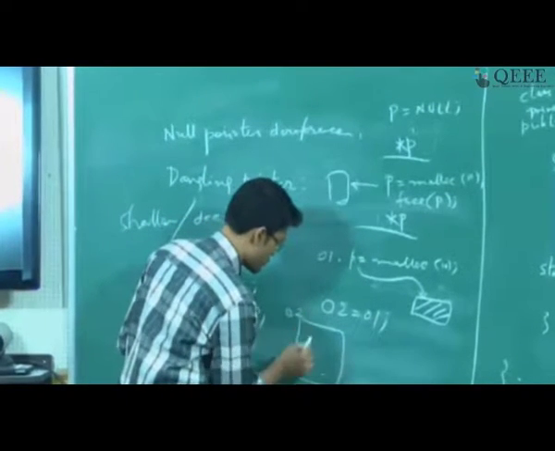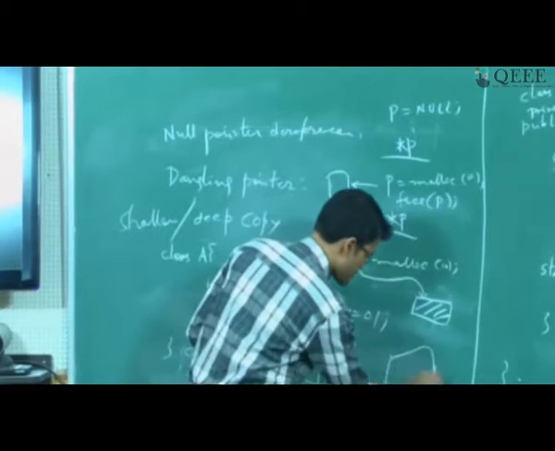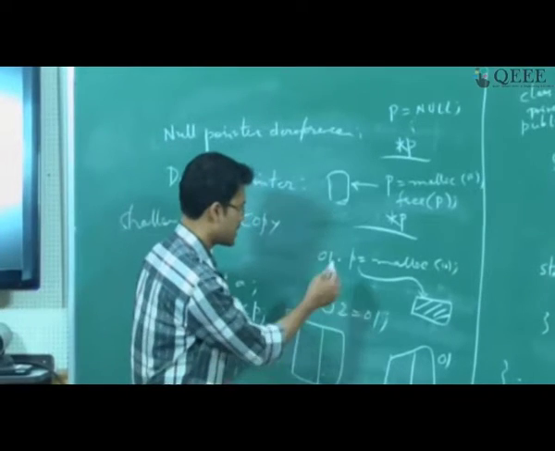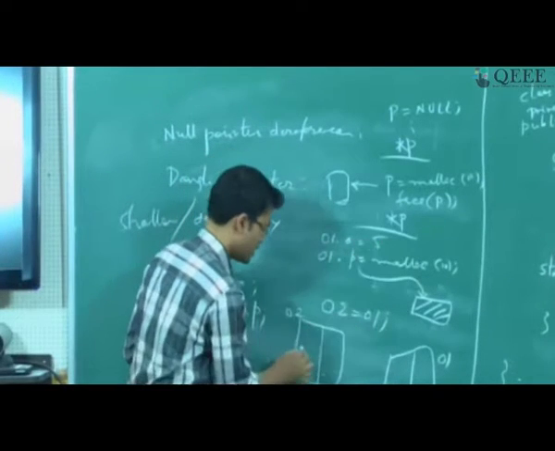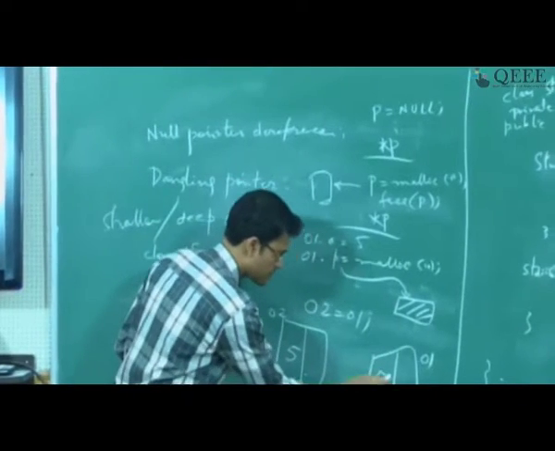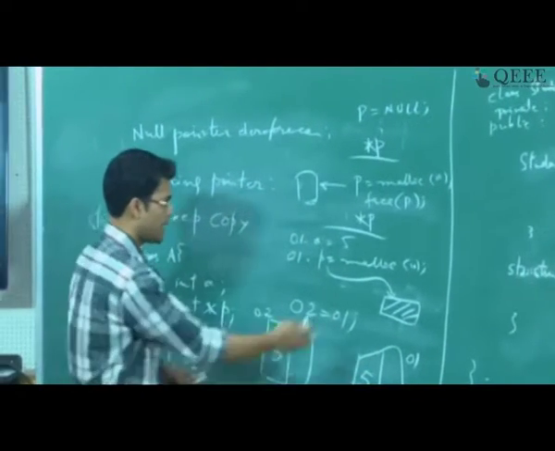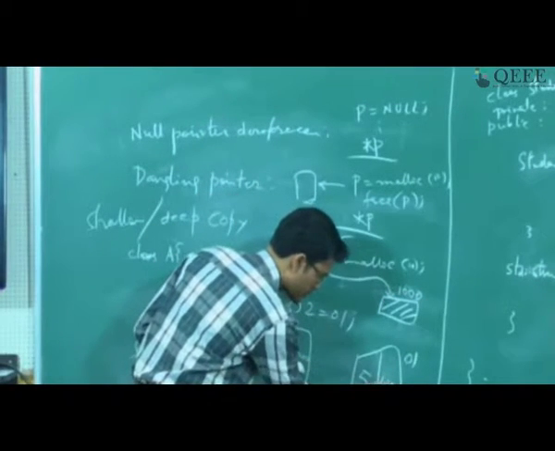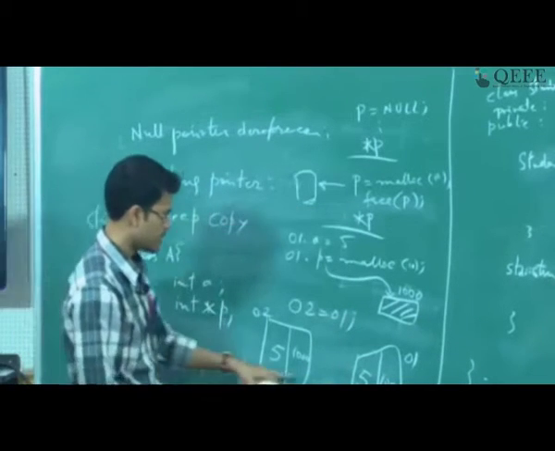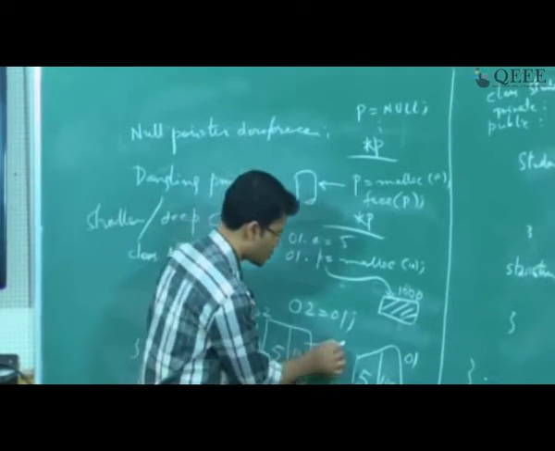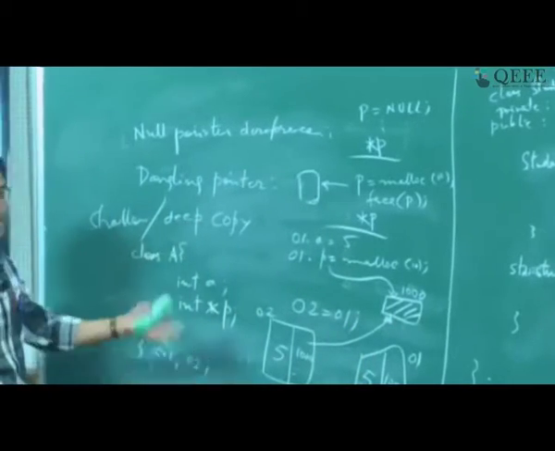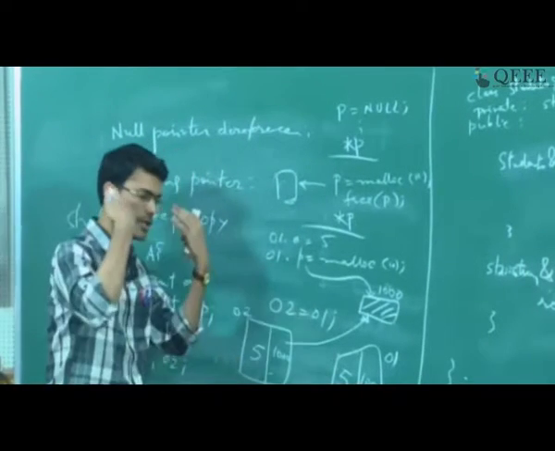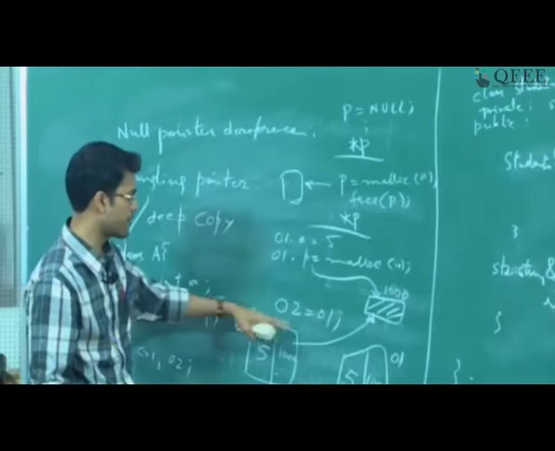So this is O2 which has two elements, and this is O1 which has two elements, and when you do byte wise copying, let us say that O1.A was 5, therefore this value becomes 5, and let us say this memory location is 1000, so that memory location 1000 is going to get copied here. What this indicates is that this particular pointer O2.P is also pointing to the same memory location. This is shallow copy. Now these two, visually or logically when we look at the program, we feel that these two are different objects.